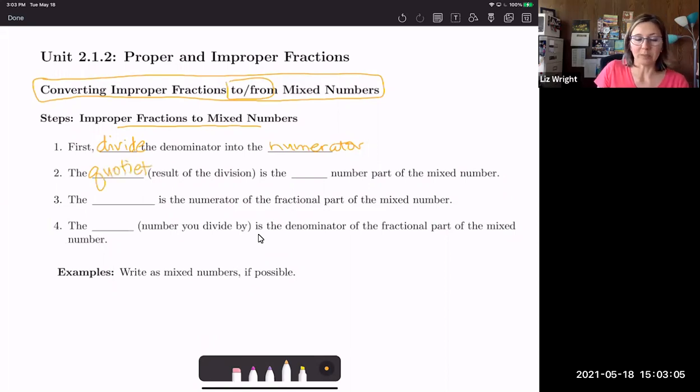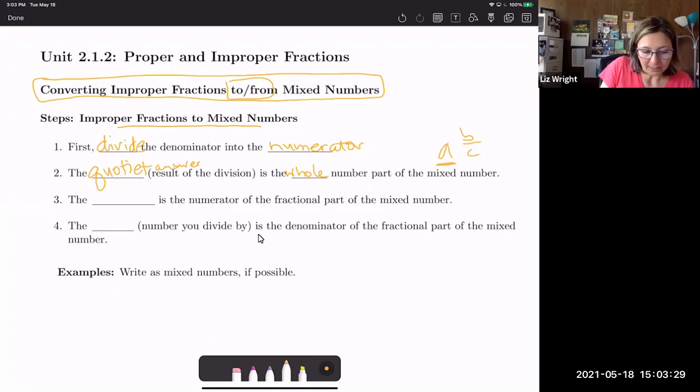The quotient is the result of a division problem, or the answer to division, right? So the quotient is the whole number part of the mixed number, this part.